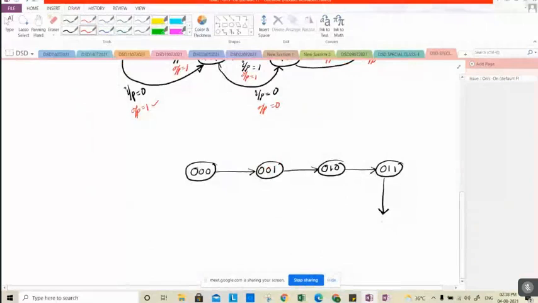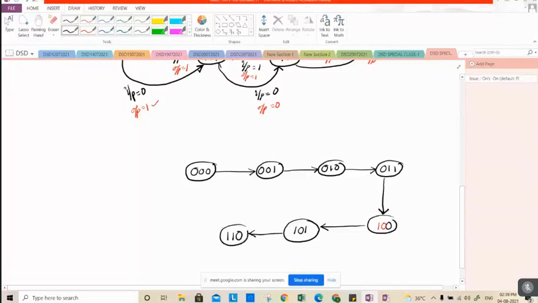0, 1, 1 to 1, 0, 0. 1, 0, 0 to 1, 0, 1. 1, 0, 1 to 1, 1, 0. 1, 1, 0 to 1, 1, 1.